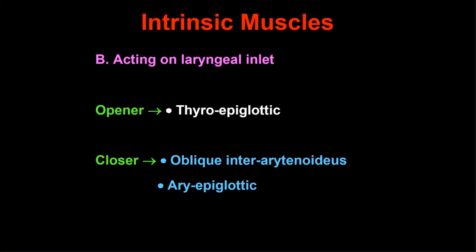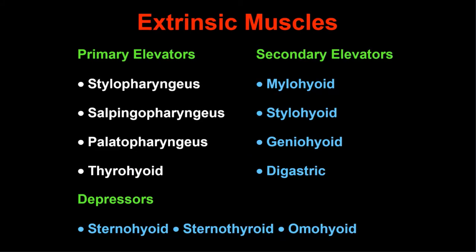Intrinsic muscles acting on the laryngeal inlet: the opener of the laryngeal inlet is the thyroepiglottic muscle, and the closure is by the oblique interarytenoid and the aryepiglottic muscle. Extrinsic muscles are the muscles which attach the laryngeal structures to the outside of the larynx. They are elevators and depressors, and elevators are again primary and secondary.